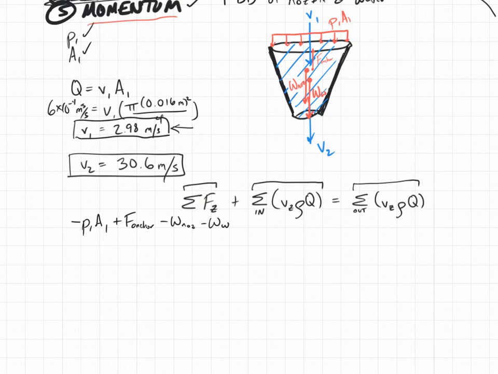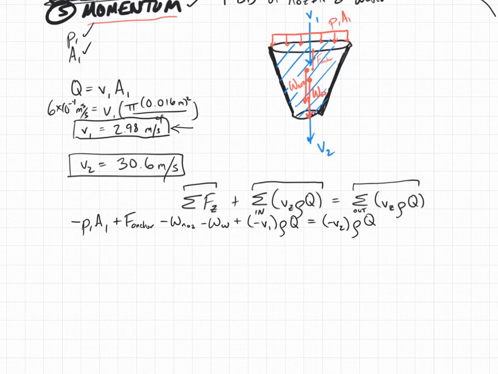We've got a V1, so say plus. Now remember that's got to be a negative V1 rho Q equals. Vz for out is going to be a negative V2 rho Q. And there's no sines or cosines here because everything is straight up and down. And that's how we solve this sucker.